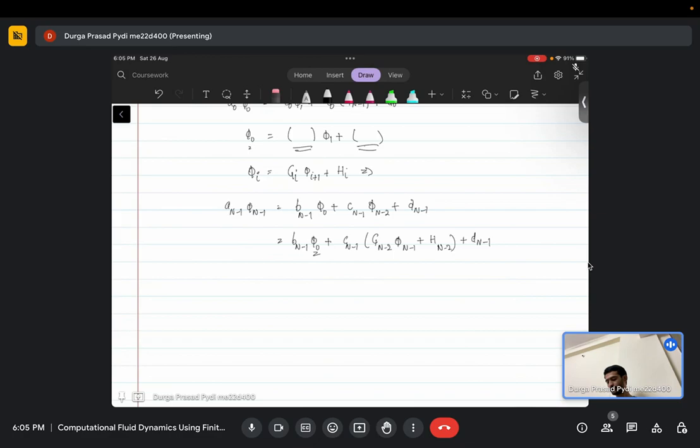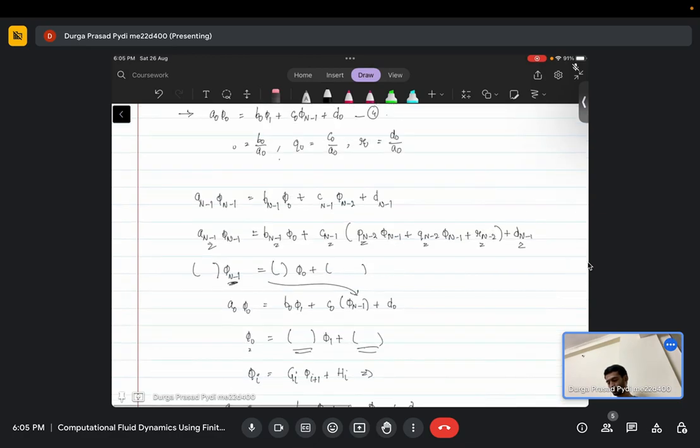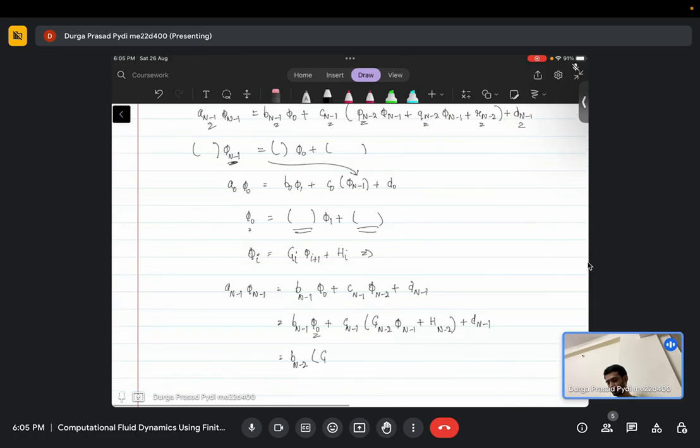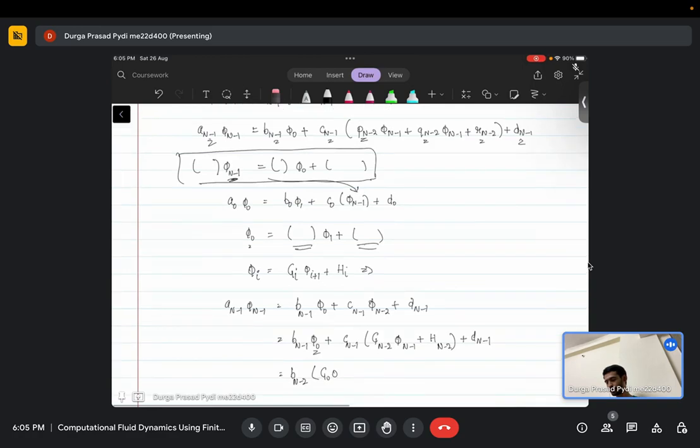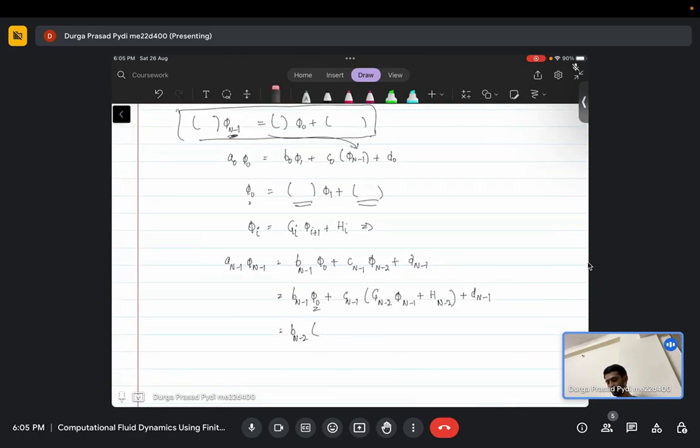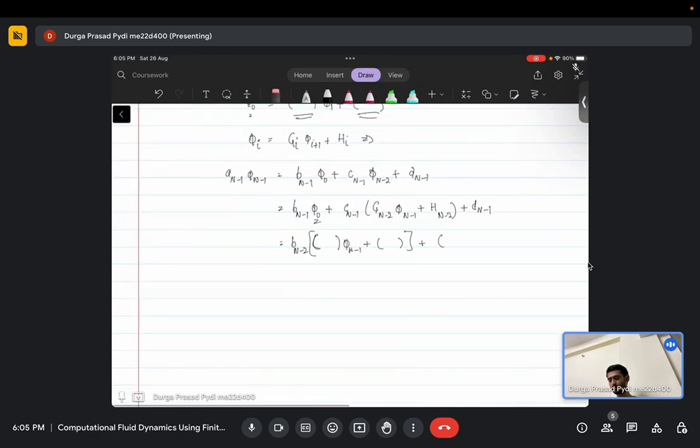Now again we know phi 0 as we have written here. Here we have an expression for phi n minus 1 and phi 0, so from that expression we can write phi 0 in terms of phi n minus 1. So here you will have something times phi n minus 1 plus some constant, plus again some constant times phi n minus 1 plus some other constant.